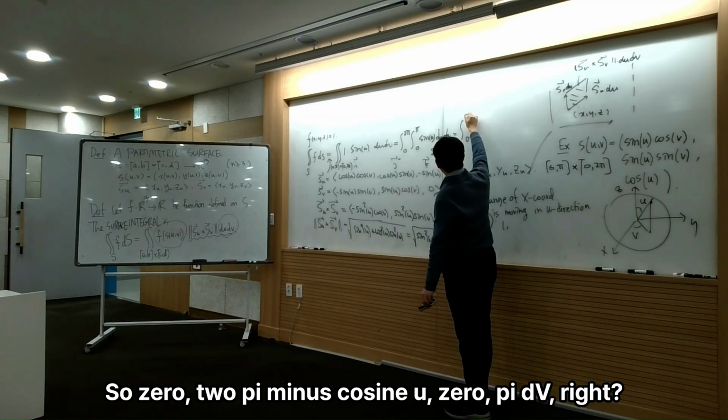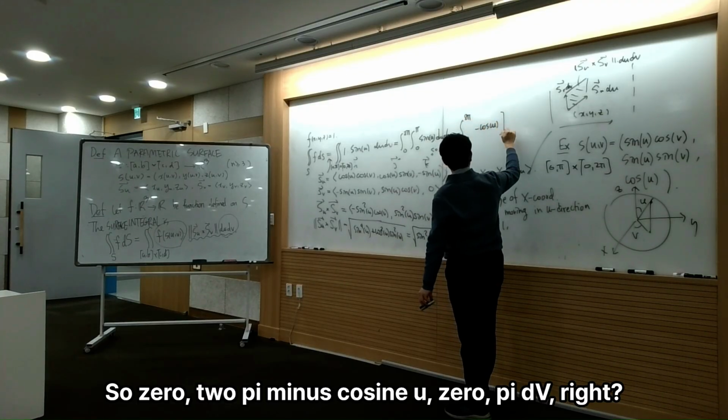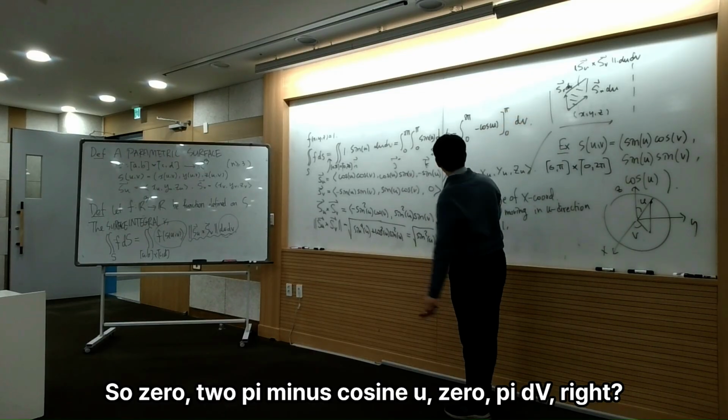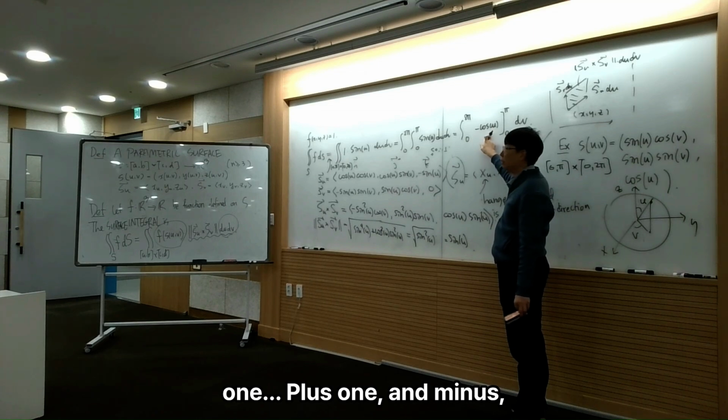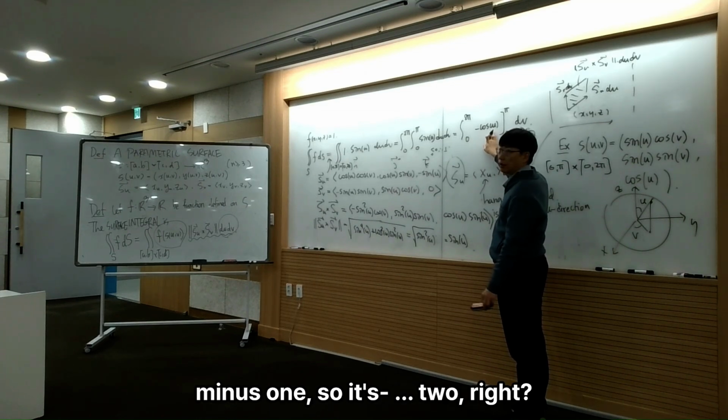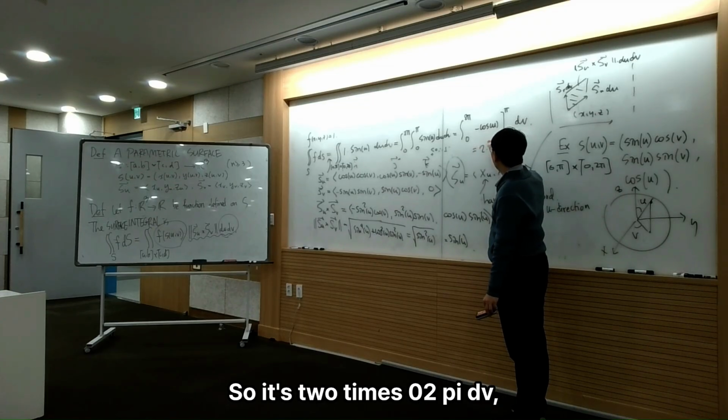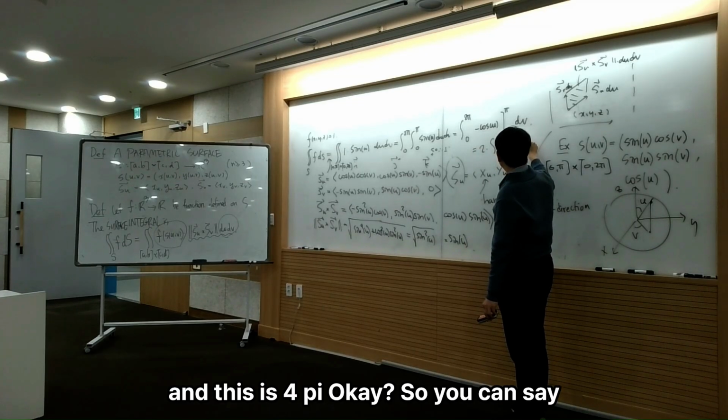So 0 to pi of minus cosine u, from 0 to pi, dv, right? Cosine pi is minus 1, then plus 1, and minus minus 1, so it's 2, right? So it's 2 times the integral from 0 to 2 pi of dv, and this is 4 pi.